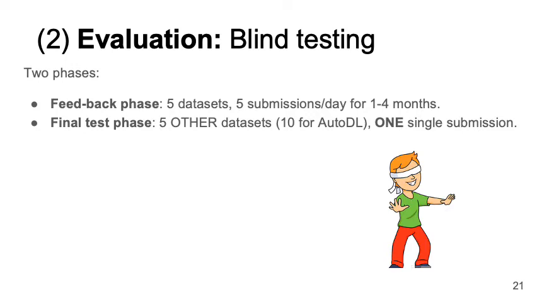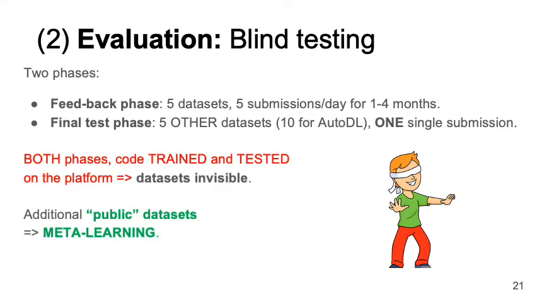Since this was a completely blind evaluation, during both phases we provided additional public datasets for practice purposes and to encourage meta-learning. To illustrate how submissions must be formatted and get the participants started, we provided a starting kit.